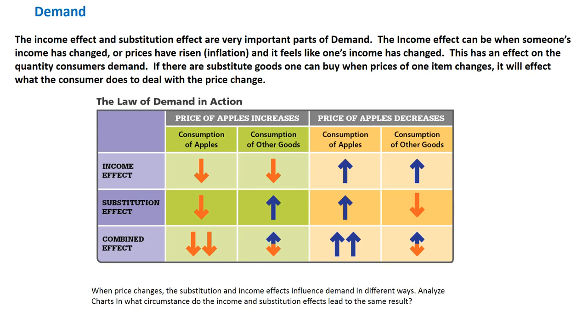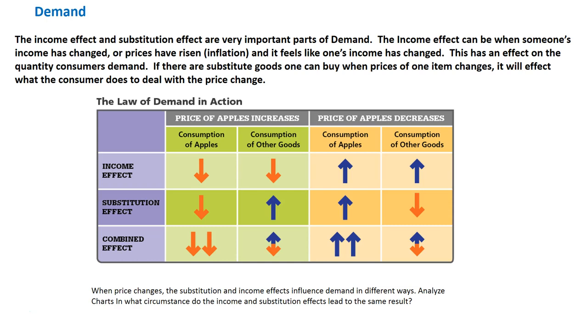And so this chart gives you kind of the idea. If you were consuming apples, for instance, and prices increase for apples, you're going to consume less apples, but you might also consume less of other goods if you're seeing prices across the board go up for all goods. Now, if the substitution effect's kicking in, you'll buy less apples, but you might look around for something cheaper as an alternative.